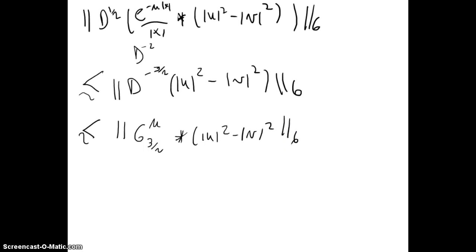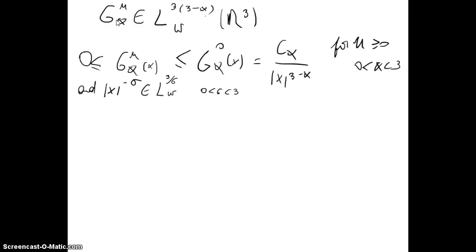Okay, so it is important now to notice that the kernel g mu alpha is in weak L3 over 3 minus alpha in R3, and this can be proven because you can bound g mu alpha by g0 alpha, that is a function that has a constant over the absolute value of x to the 3 minus alpha.